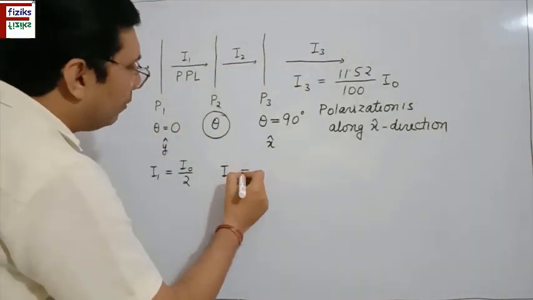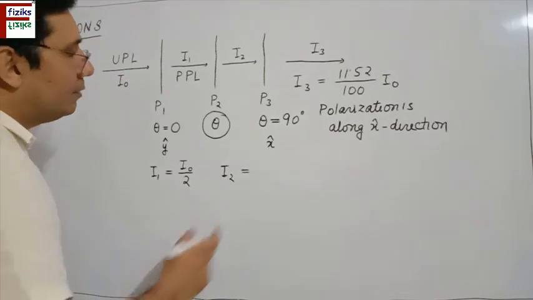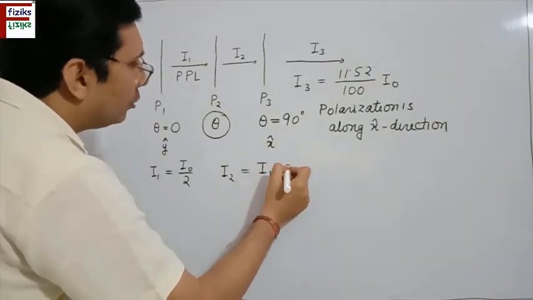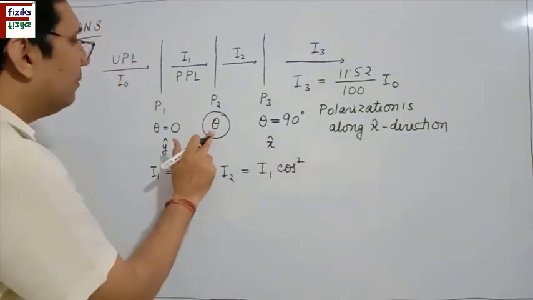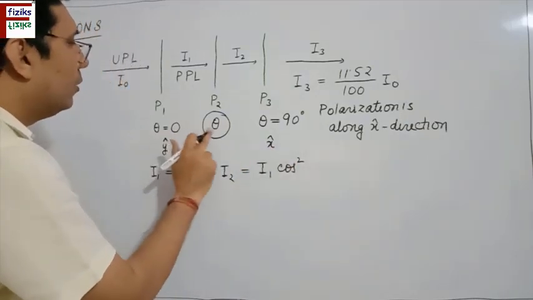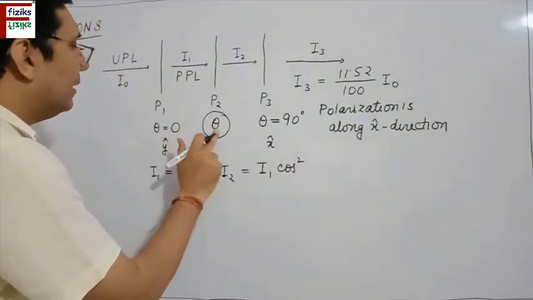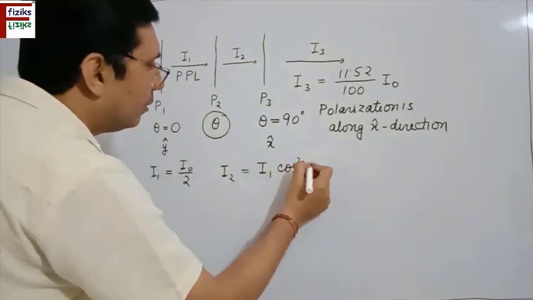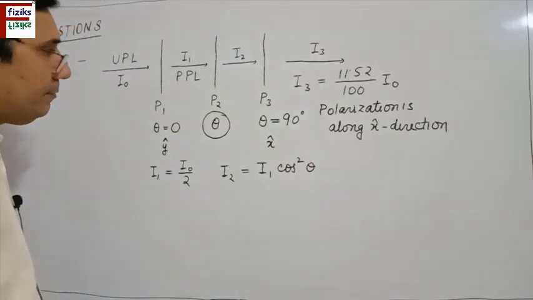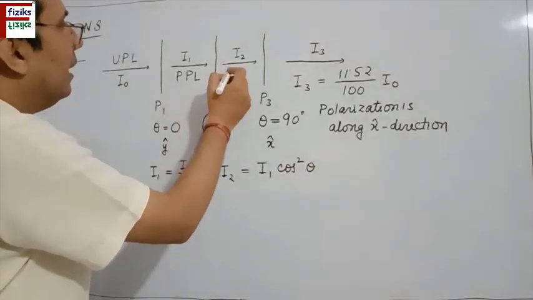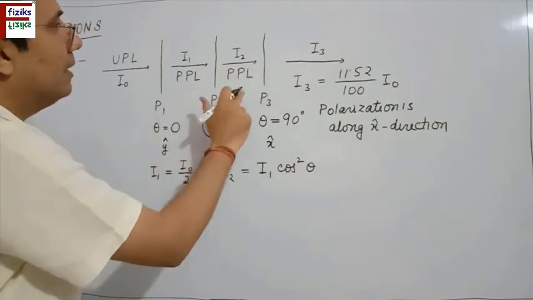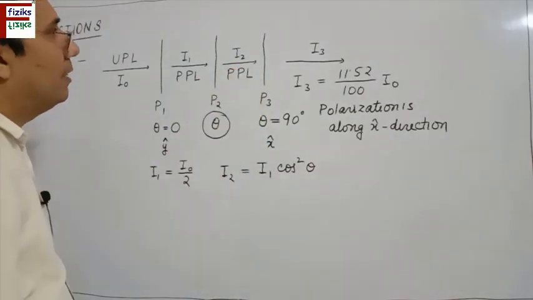We can find I2 with the help of Malus law. So I2 will be I1 cos square of the angular difference between the pass axes of these two, which is theta minus 0. So this is cos square theta. Now this I2 is also plane polarized light, and it is incident on the third polarizer.